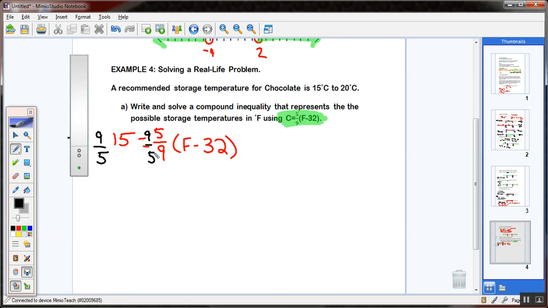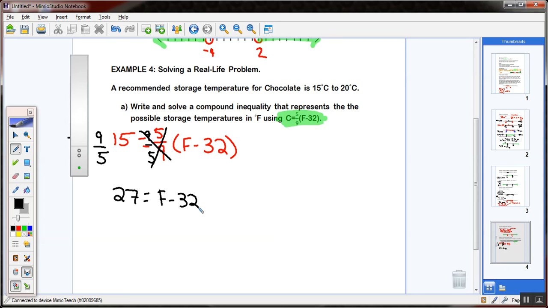What does 15 divided by 5 get you? 3 times 9 is? So the value on the left is 27. What do the reciprocals of each other do on the right? And what are you left with over here? F minus 32.